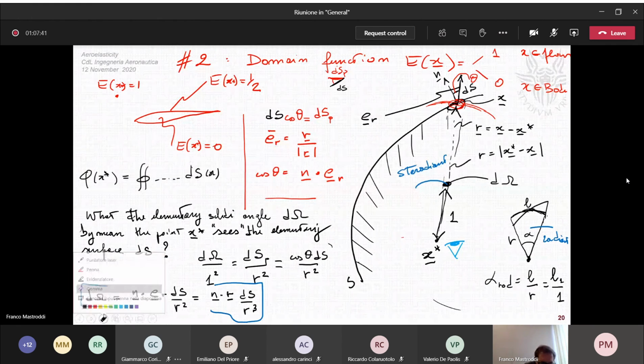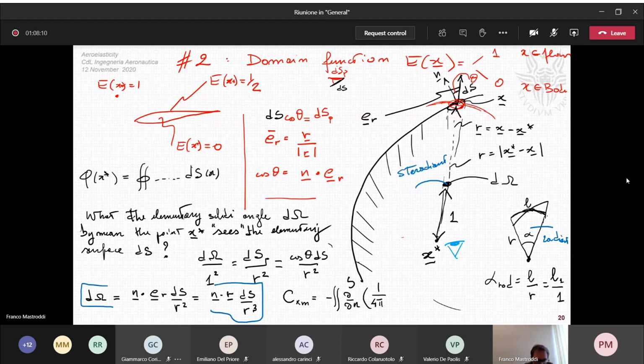And now my objective is to interpret this coefficient, the CKM coefficient, which is evaluated by taking the integral of the derivative of n of the source, which is 1 on 4 pi r, in dS.